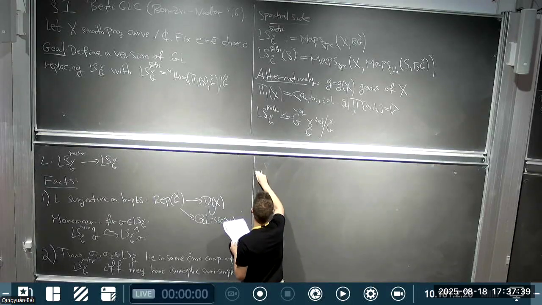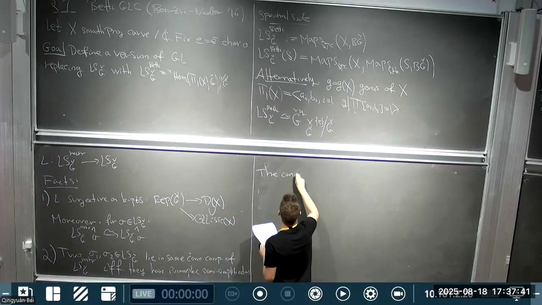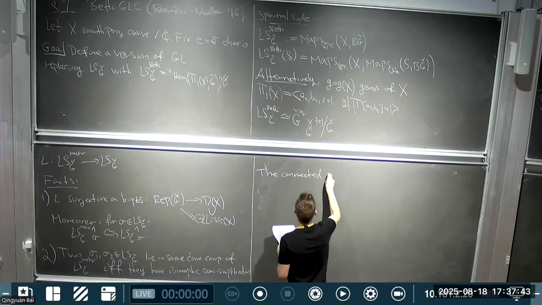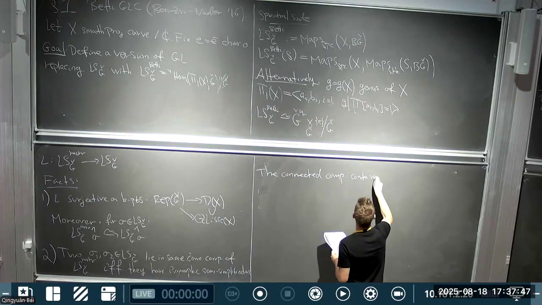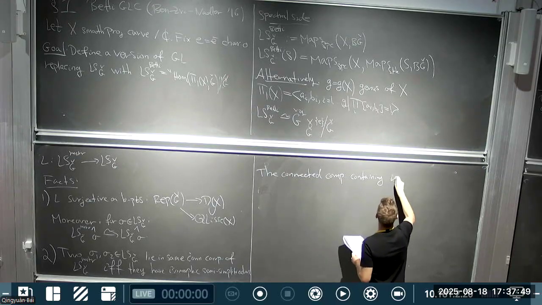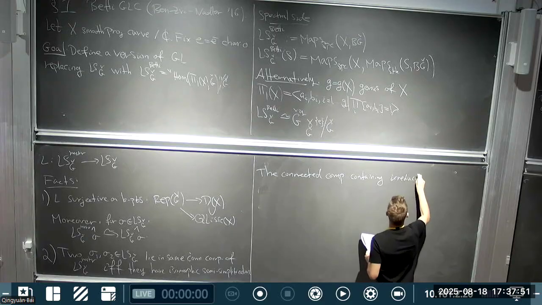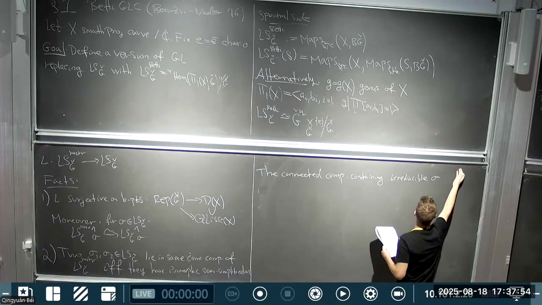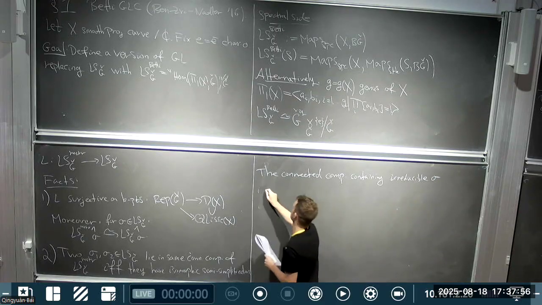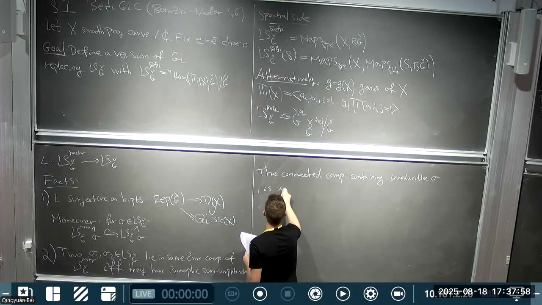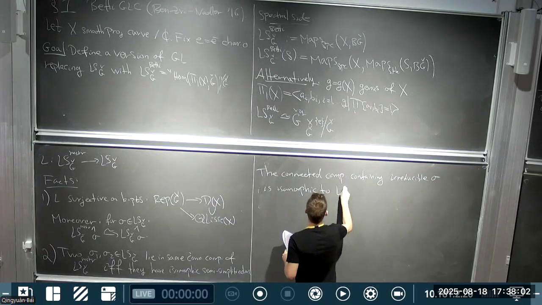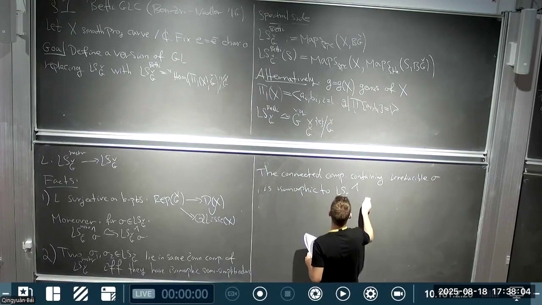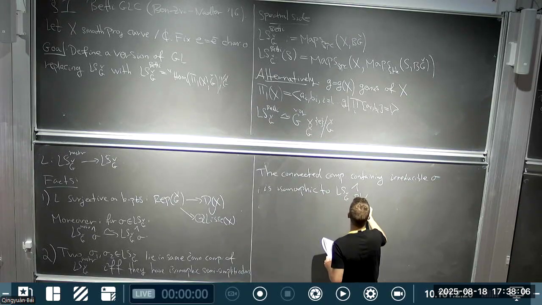So the connected component containing some irreducible local system is isomorphic to Loc_G check, formally completed at the point, modulo stabilizers.